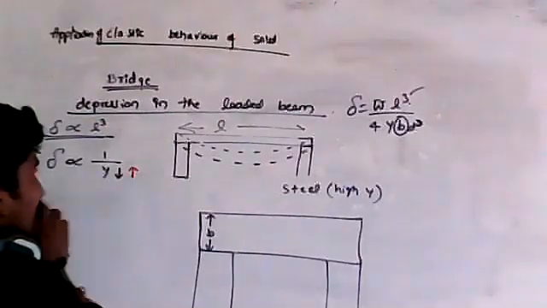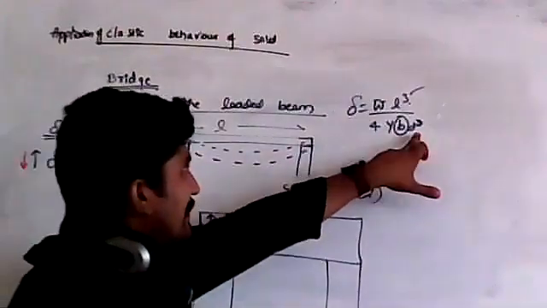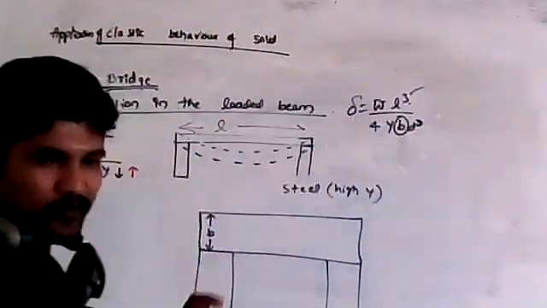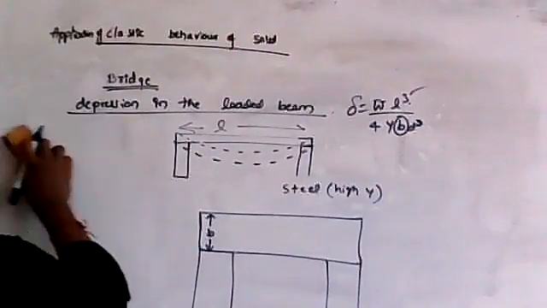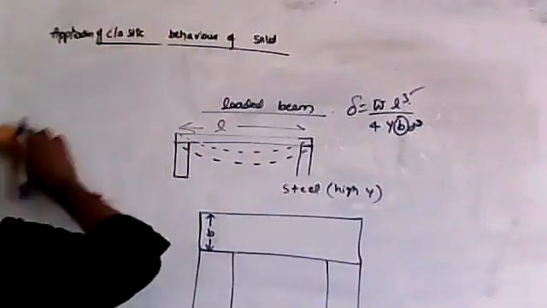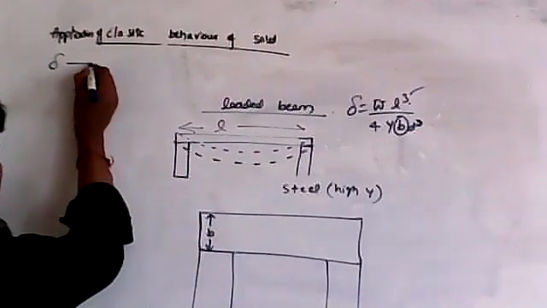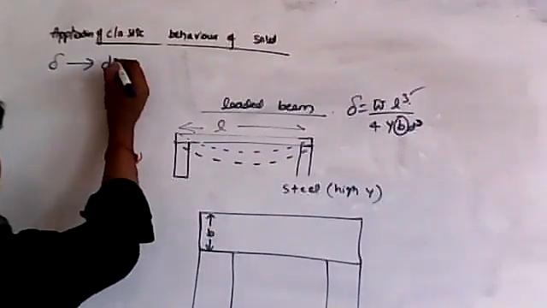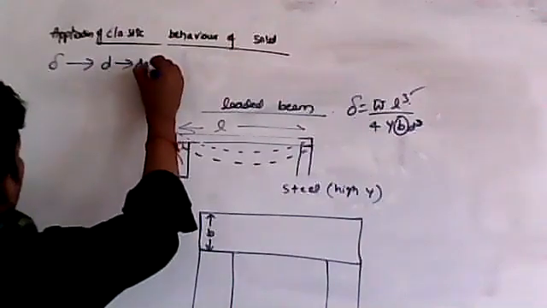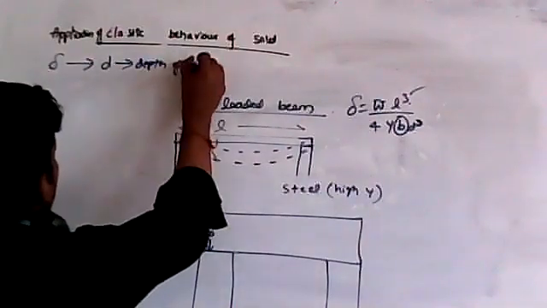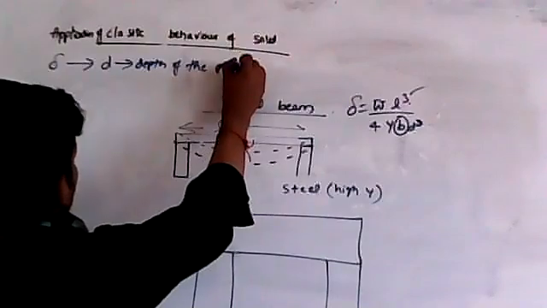Then one more. Now, this is very important, students. You have to understand the situation, what is going on in our surroundings. Remember, D means the depth of the pillar or column.